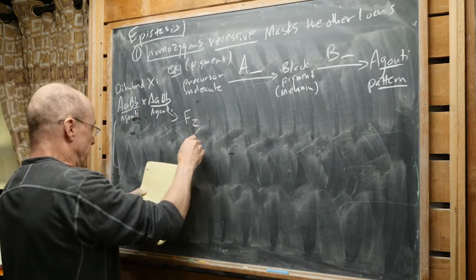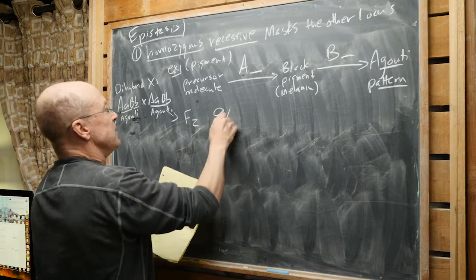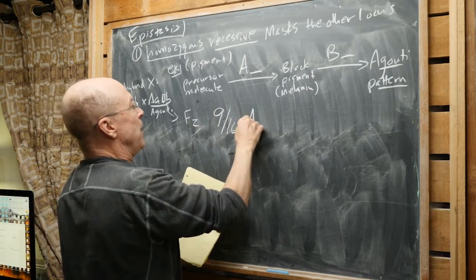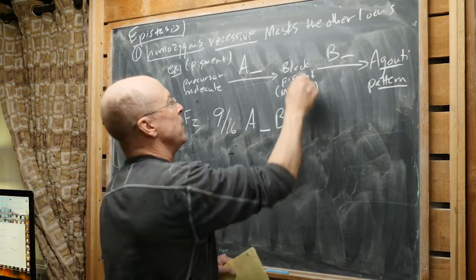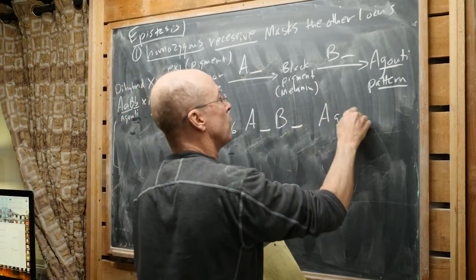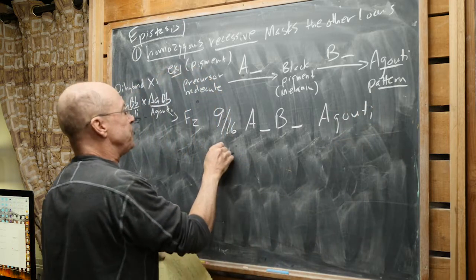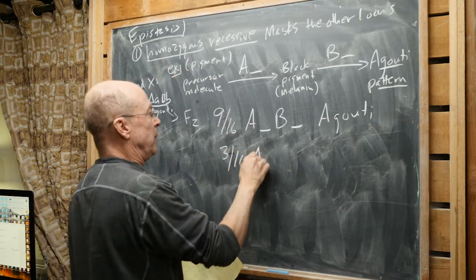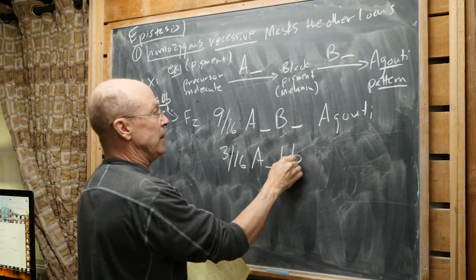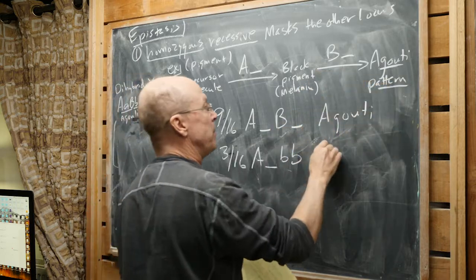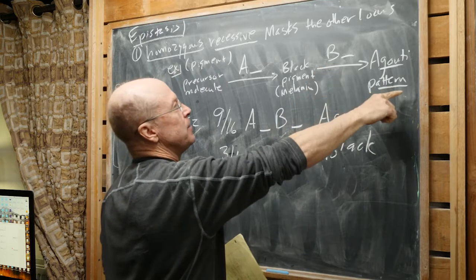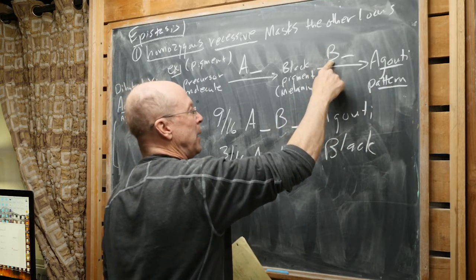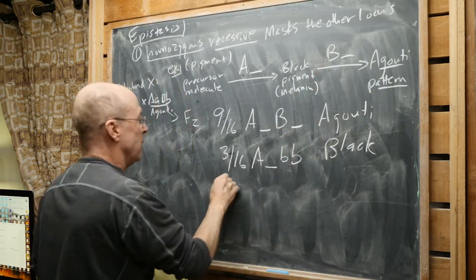We get, in these F2s, 9/16 of them are going to be big A, big B. What's the phenotype? You already know, agouti. 3/16 are going to be big A, question mark, little b, little b. It can't go there. These will be black. It doesn't have the ability to make it to agouti because it needs a dominant B to get there, and it doesn't have one.